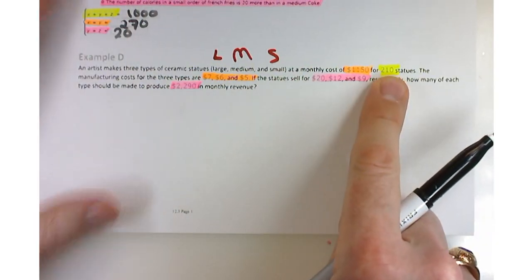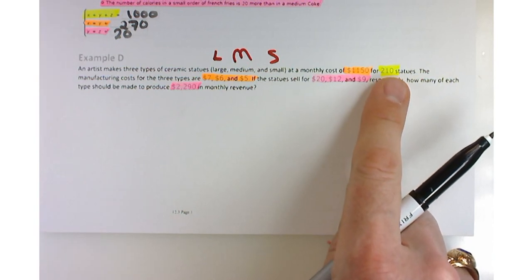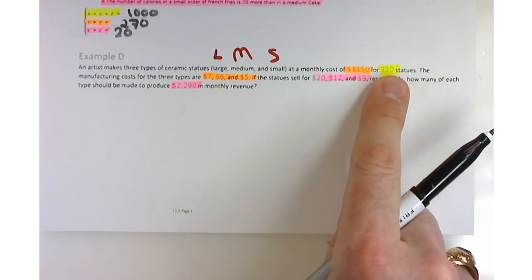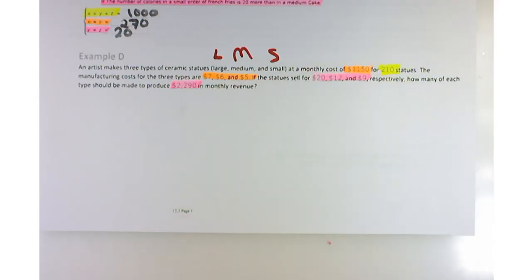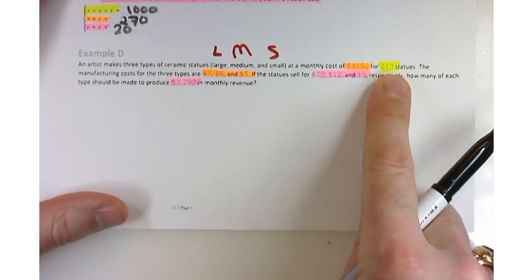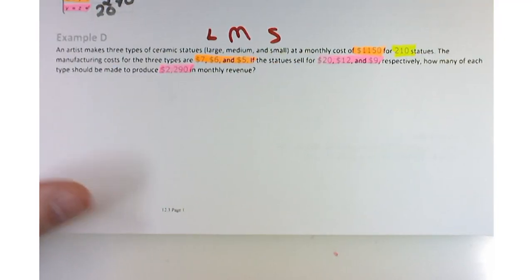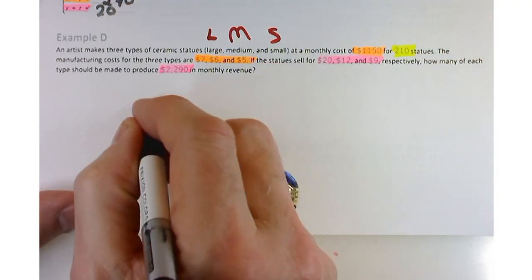Let's look at this first thing here. The artist makes 210 statues. That represents an equation. What equation should I write there if I'm using L, M, and S? All 3 of them equals 210.